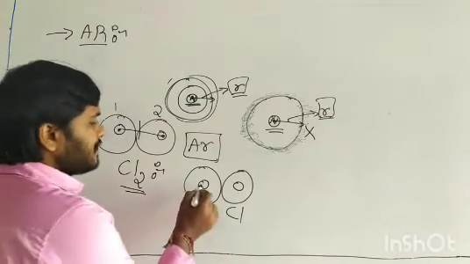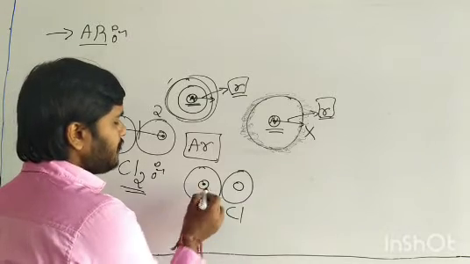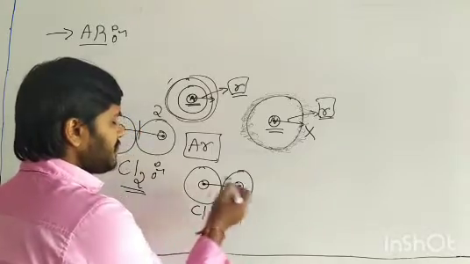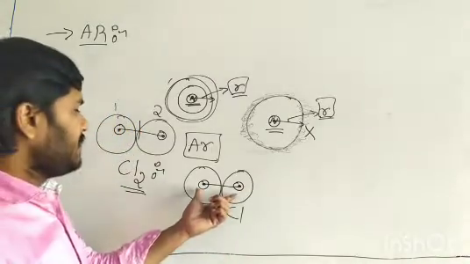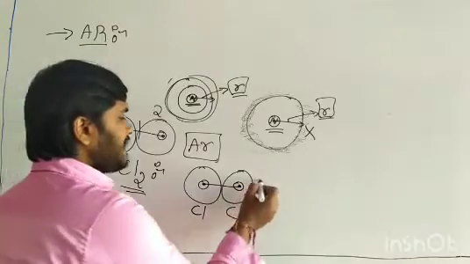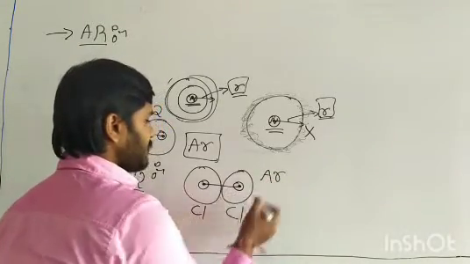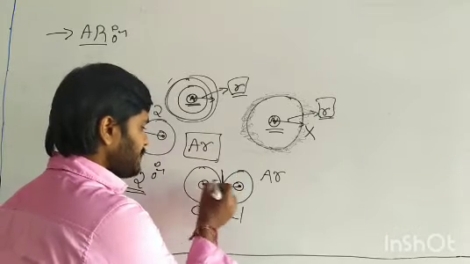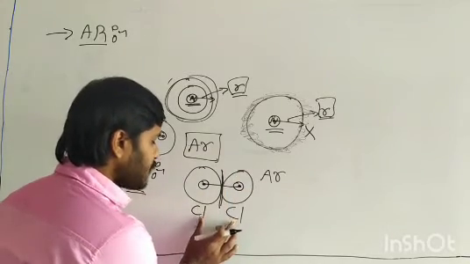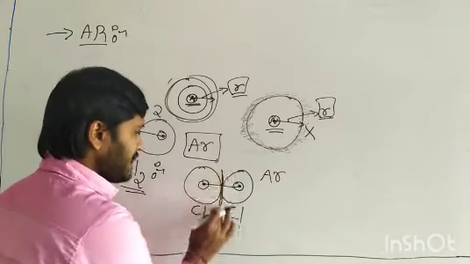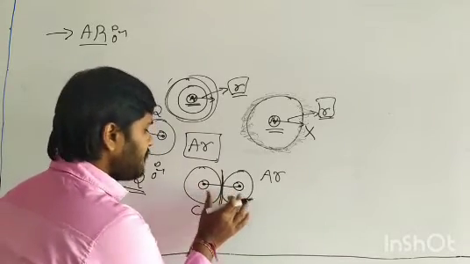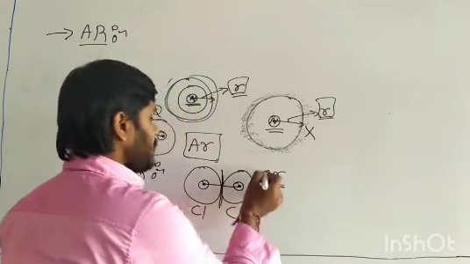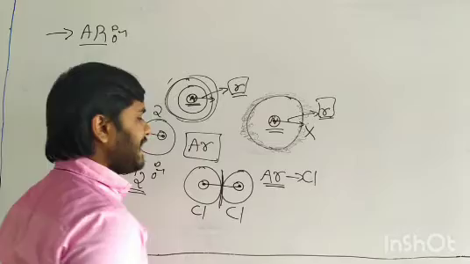The distance between these 2 chlorines will be measured, and to calculate the atomic radius of a chlorine atom, we take half of the distance between the nuclei of the 2 chlorine atoms. That is considered as the atomic radius of a chlorine atom.